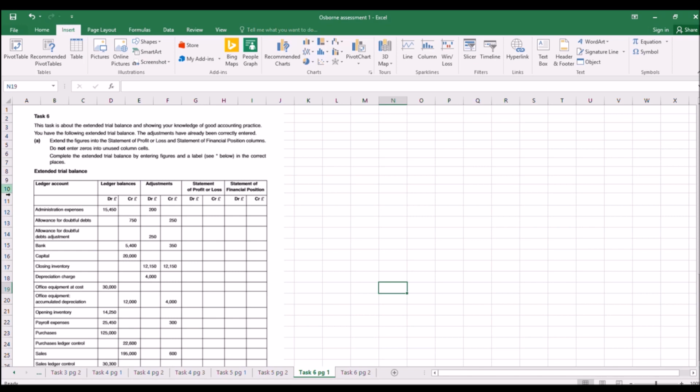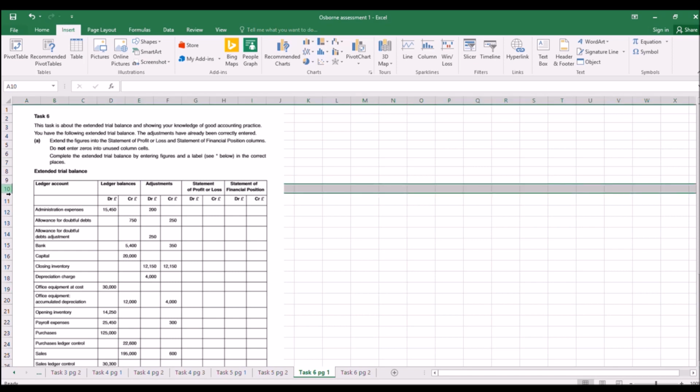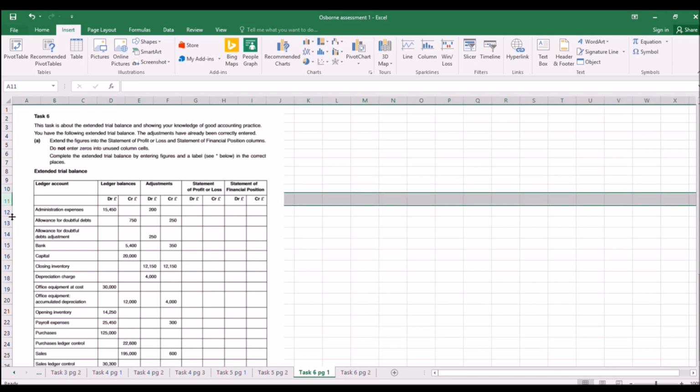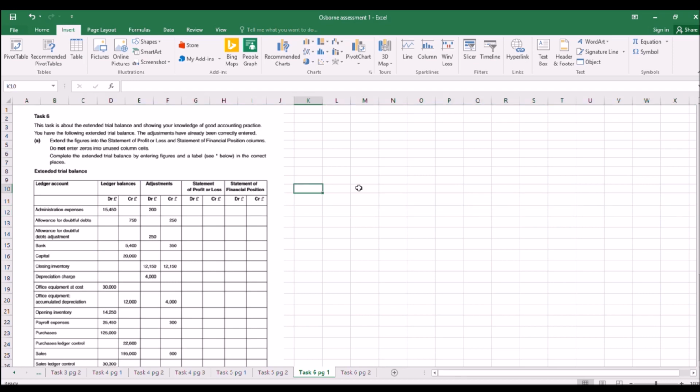Complete the extended trial balance by entering figures here. What I'm going to do is line this up here. Instead of putting all the fiddly little shapes in, I'm just going to write it out next to it and see what will be put in there. So I'm going to do one thing first, put a figure in here, and then I'm going to put statement of financial position.